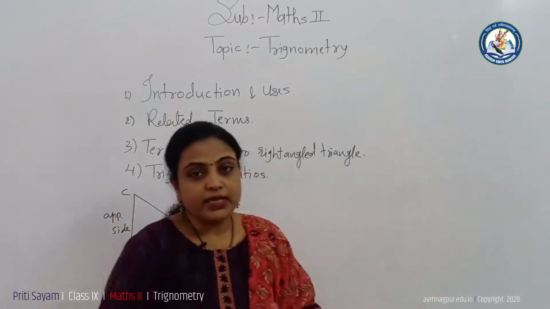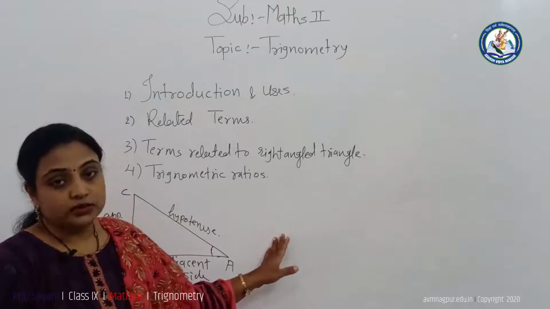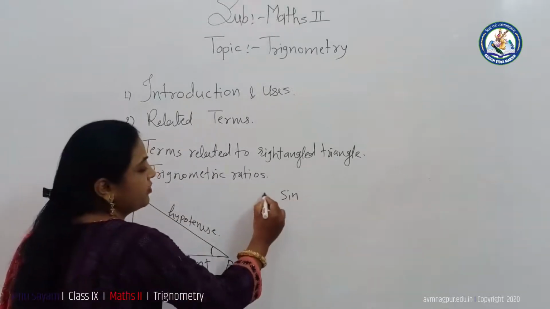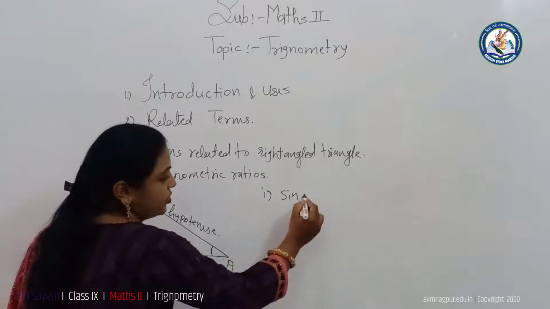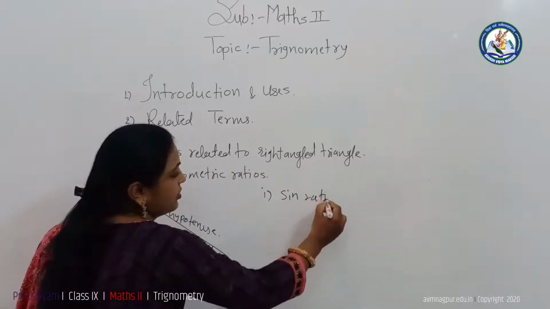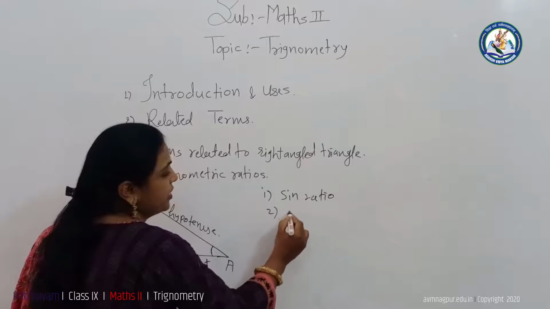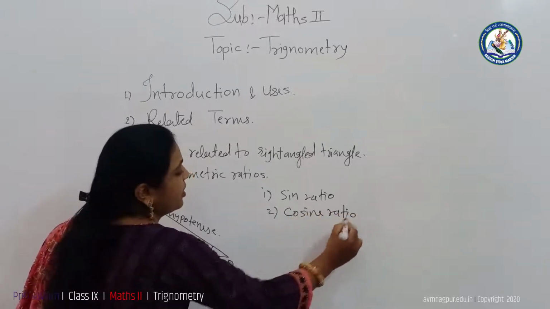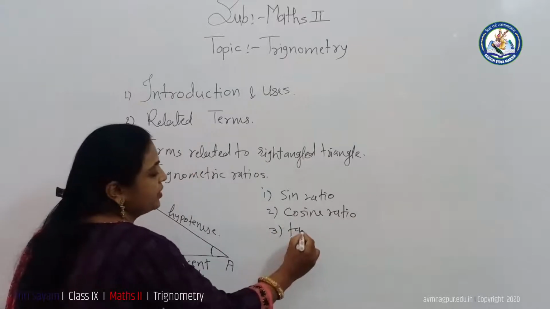The three basic ratios of trigonometry: first is the sine ratio, second is the cosine or cos ratio, and third is the tan ratio.